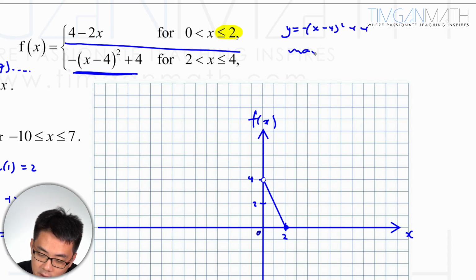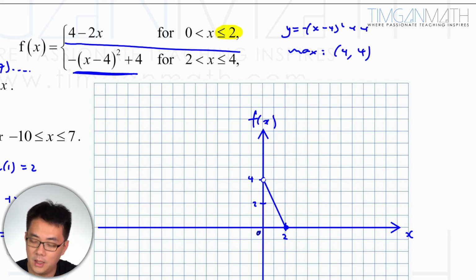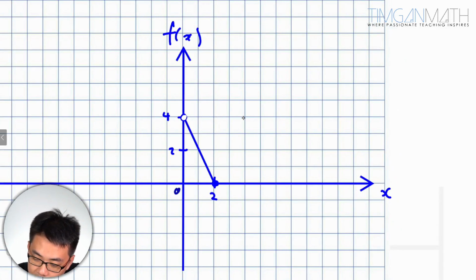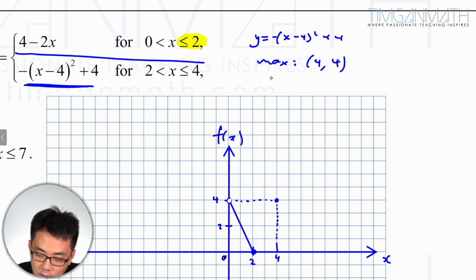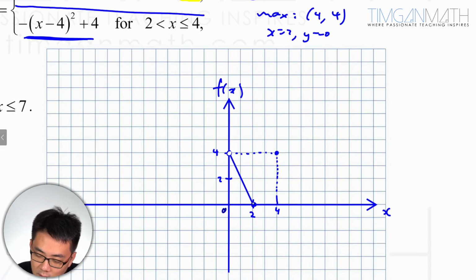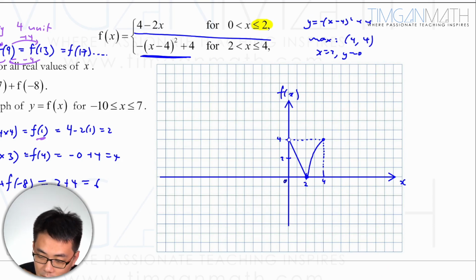The max point is (4, 4). So you know the max point is here. It will intersect when y is 0, when x is 2, y is 0. So it's actually this graph here, like that.